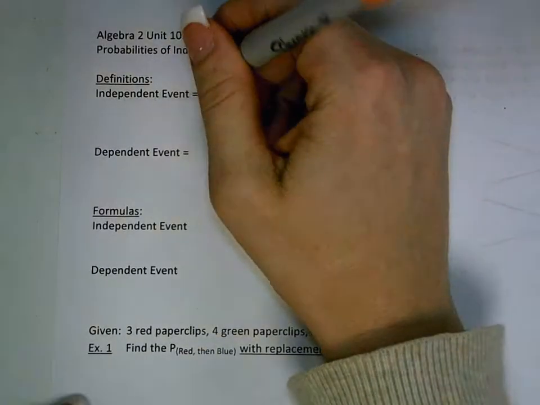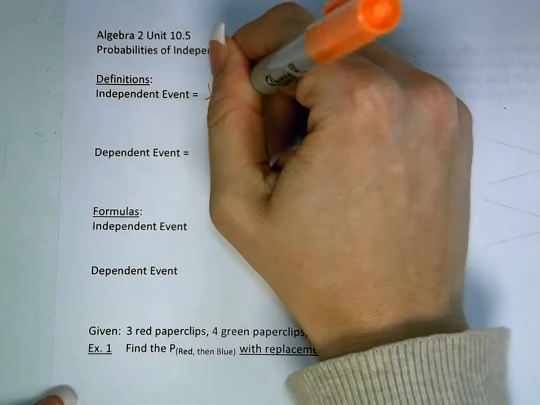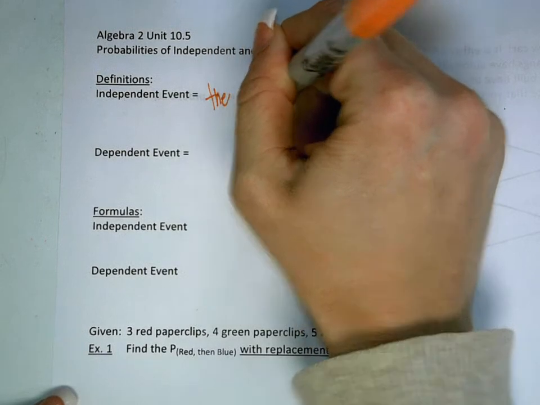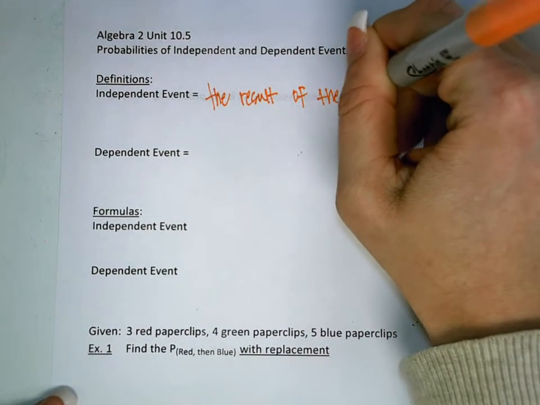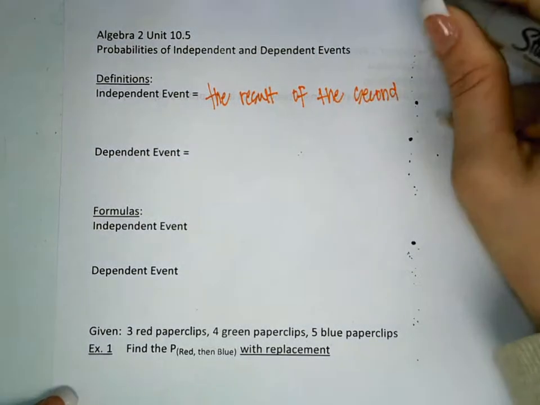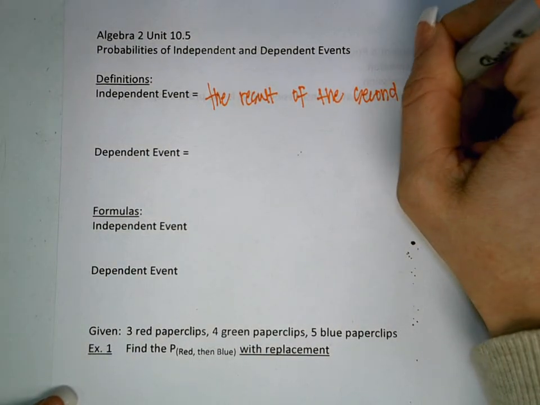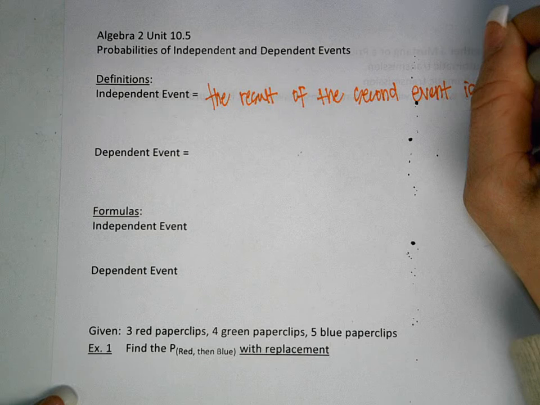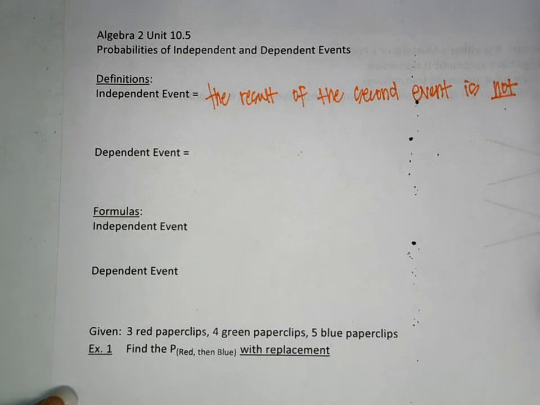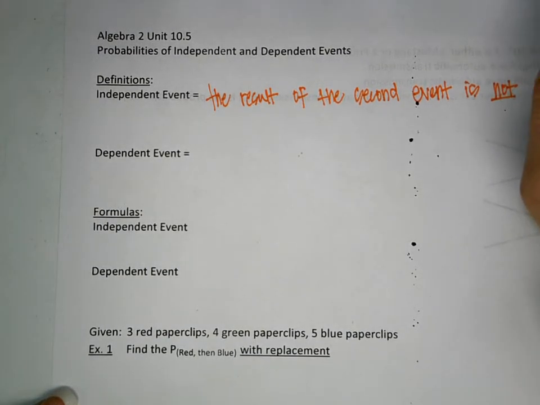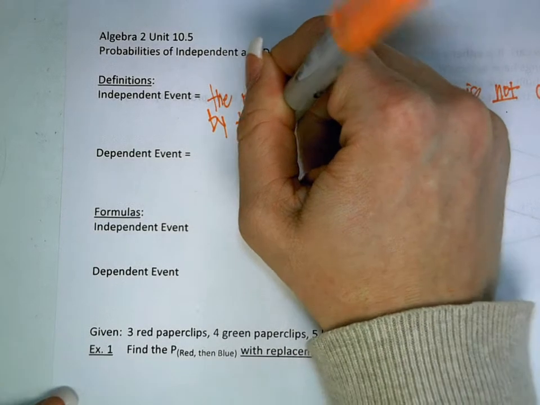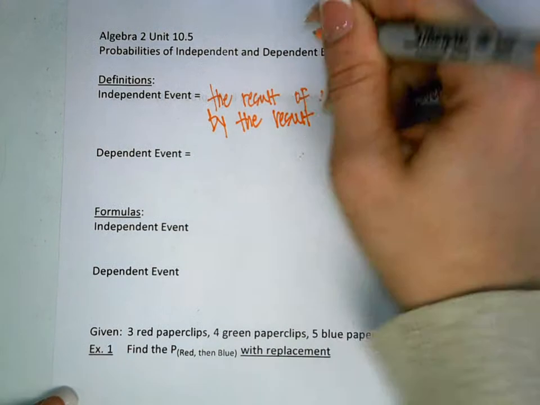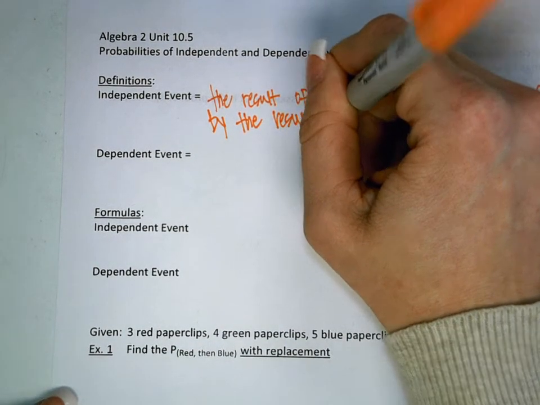So an independent event is when the result of the second event is not affected by the results of the first event.